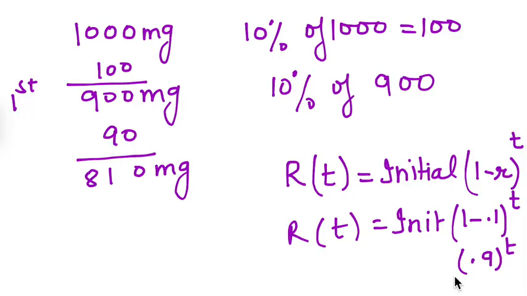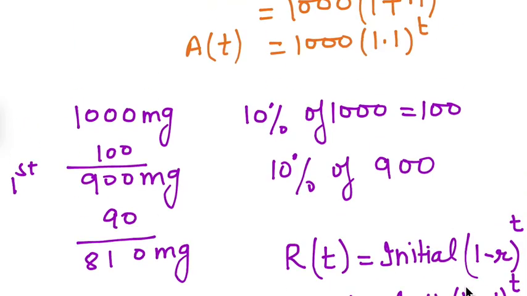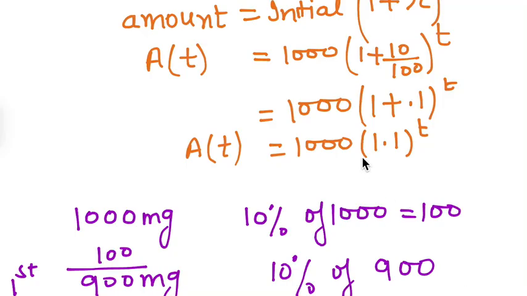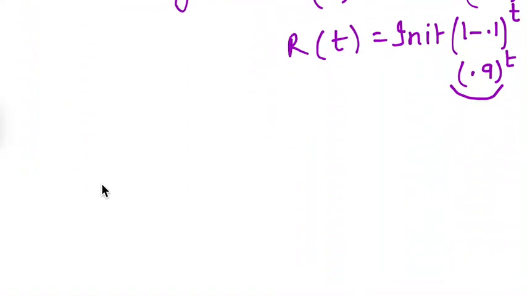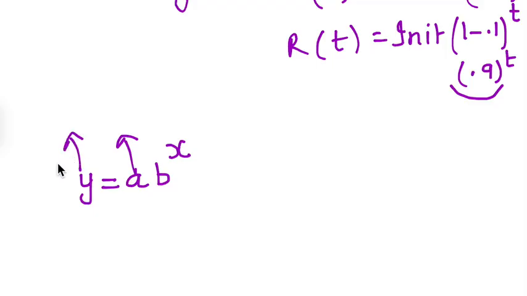If it is a decay or a decrease, this number will be less than 1. If it is an increase, this number will be greater than 1. Both equations, A(t) in the first case and R(t) in the second case, are y equals a b to the power x, where a is the initial amount, y is the final thing, and b is the rate of change after this much time.